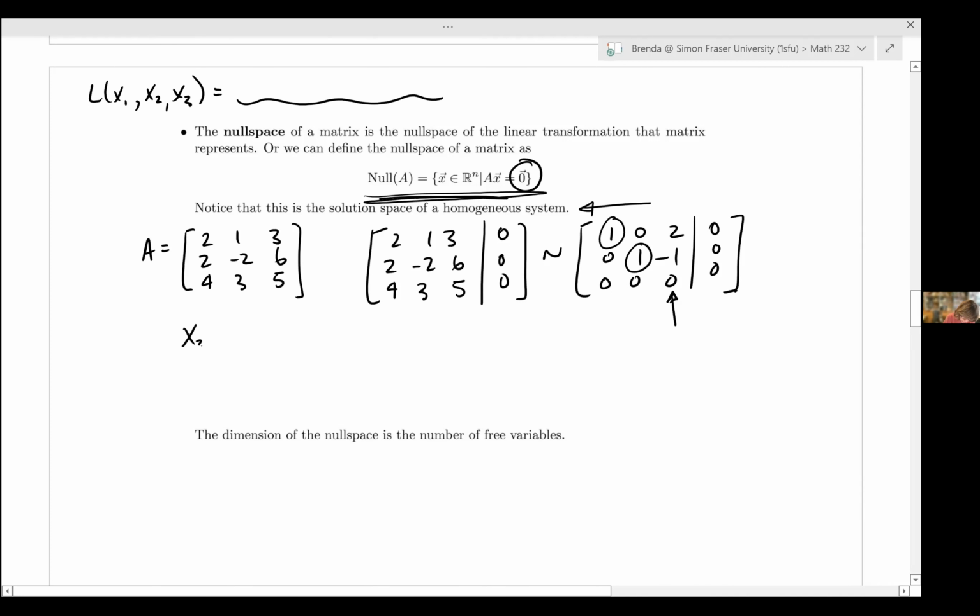So here we go. x3 is a free variable. x2 is equal to x3, which is also t. And x1 is equal to minus 2x3, which is minus 2t.